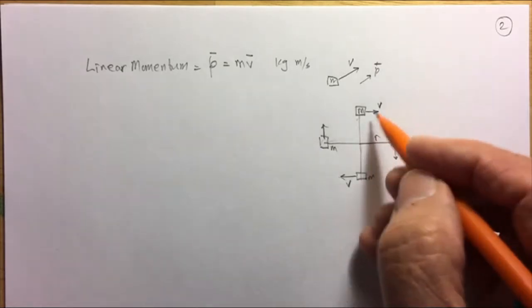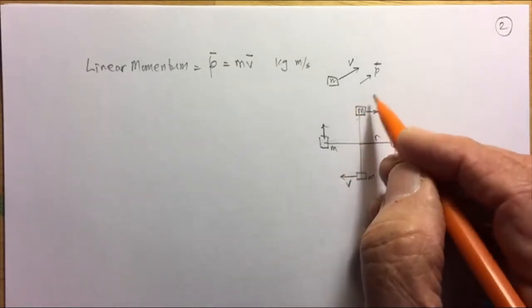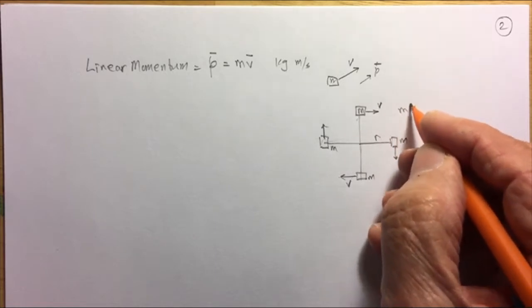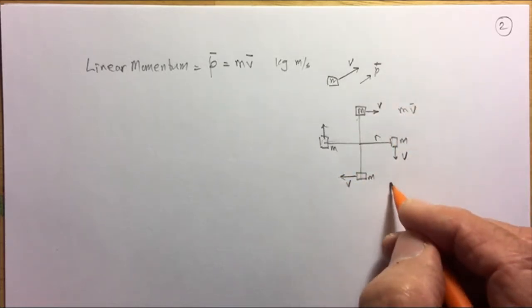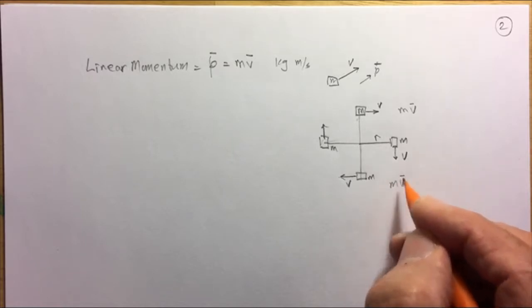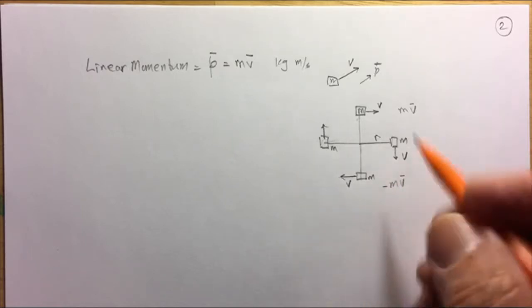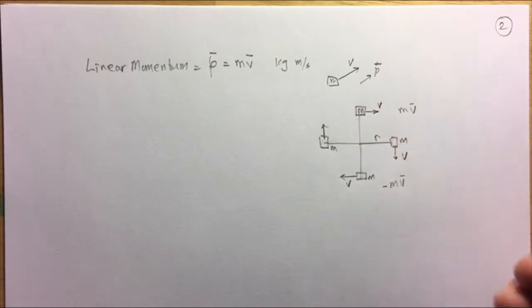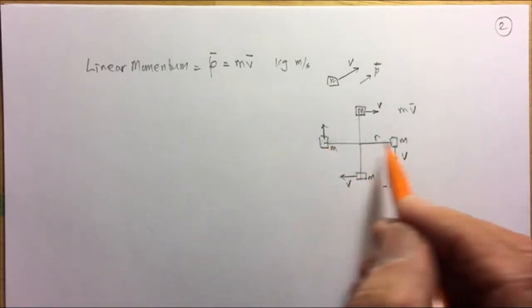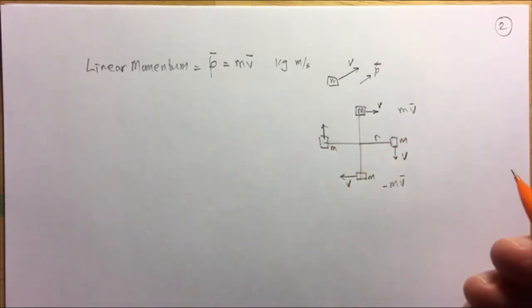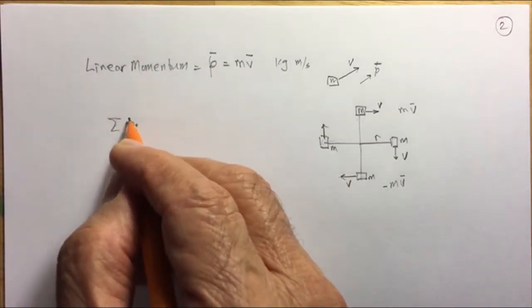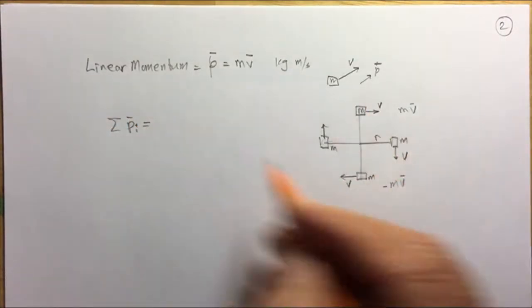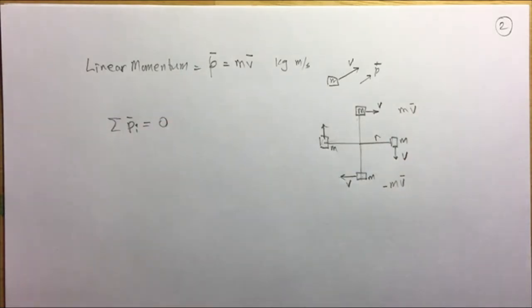Now, the linear momentum of this one is going to be mv, and it's going to be to the right. The linear momentum of this one is going to be mv, and it's going to be to the left. So the sum of these two would have zero linear momentum. Similarly, the linear momentum of these two would exactly cancel out, and so the sum of the linear momenta of these four particles is going to be zero, even though each of them does have a linear momentum.